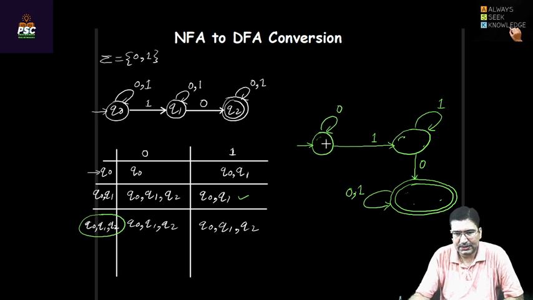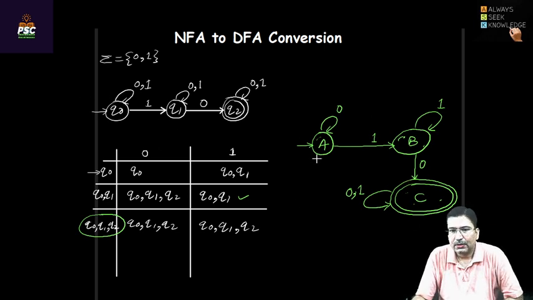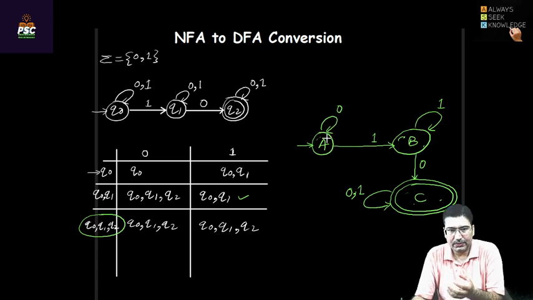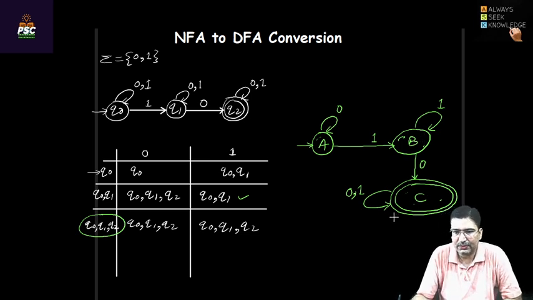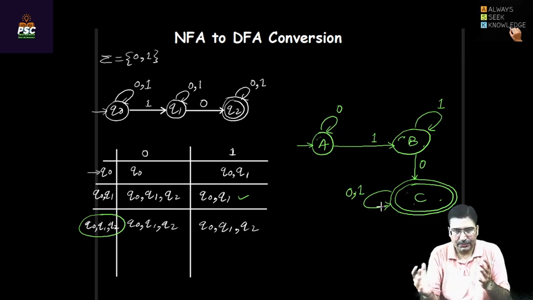So I may write this is state A, this is B, and this is C. Now this automata is exactly equivalent to the given automata, which will generate the same regular language as the previous automata. Okay, but this is deterministic and the previous one was non-deterministic, right? So on A, when 0 is coming, there is a unique transition. For 1, there is only one transition. On B, for 0 as well as for 1, there is only one transition. Similarly for C. So please do remember these steps.